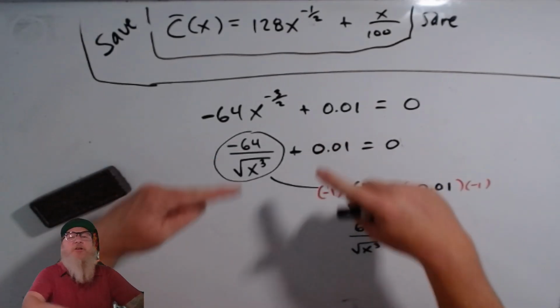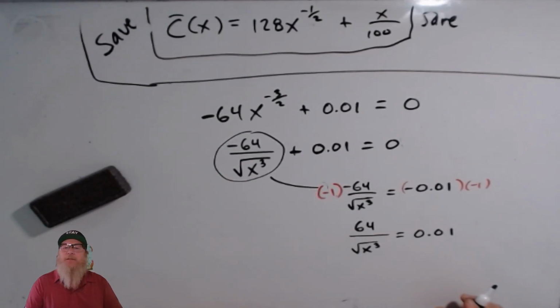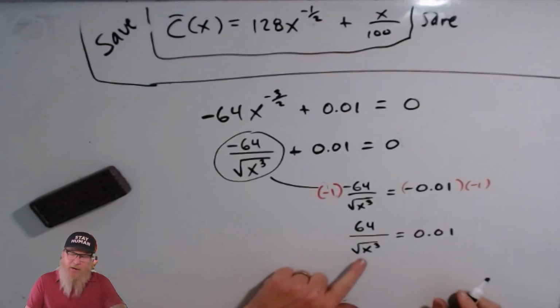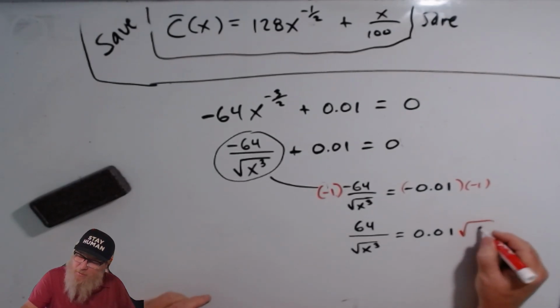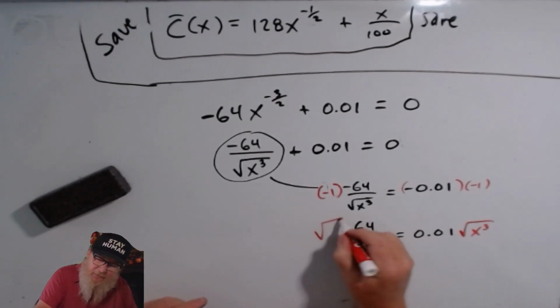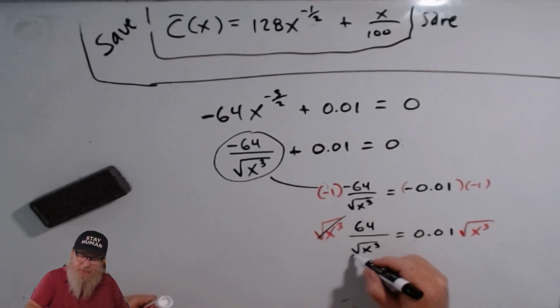You could certainly tease this out into several steps if you wanted, but I'm really trying to cut to the chase here. We've got to get x by itself, so let's multiply both sides by the square root of x cubed. That'll cancel on this side.